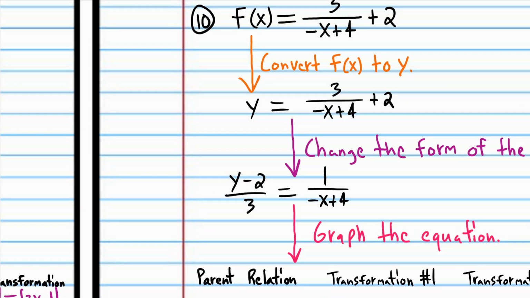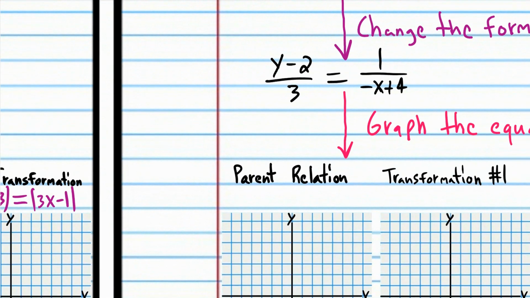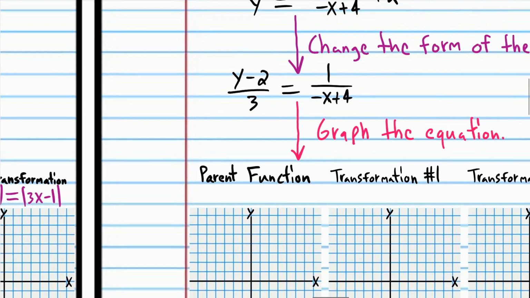So we've done that many, many times. You can go back to my previous classes on graphing relations, or transformations in the library of relations if you want to review how to do that. So now we're ready to graph, and instead of writing parent relation, we're going to write the parent function, because now we're considering this to be a function.